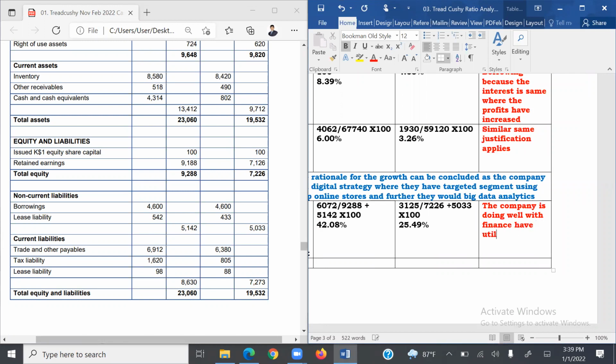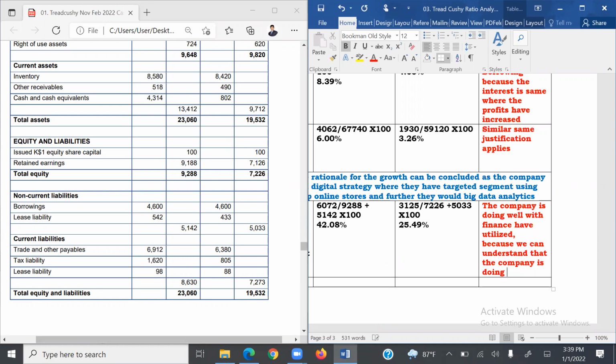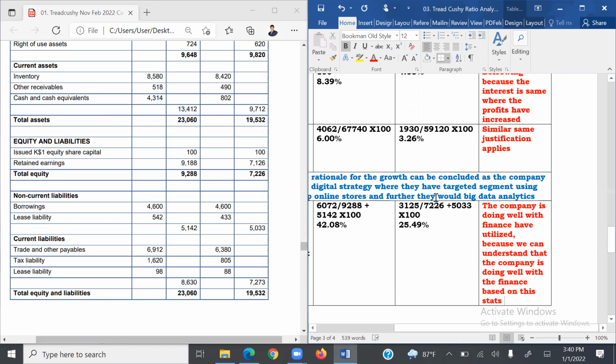Because we can understand, based on the statistics, that the company is doing well with the finance, because they are financially doing very well.